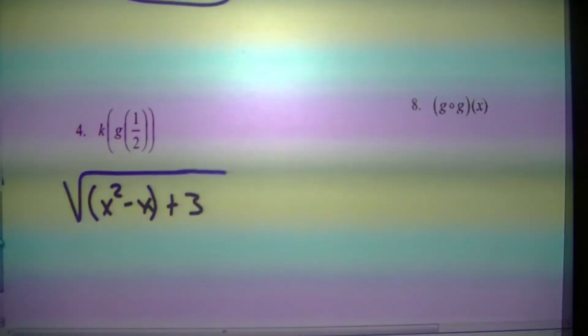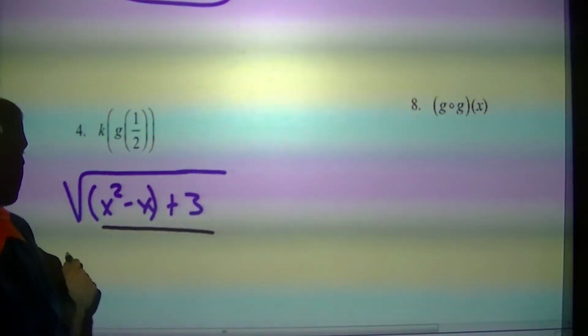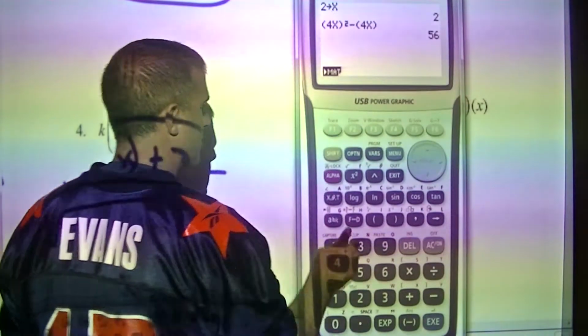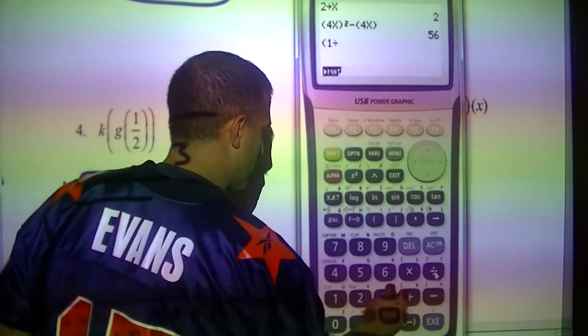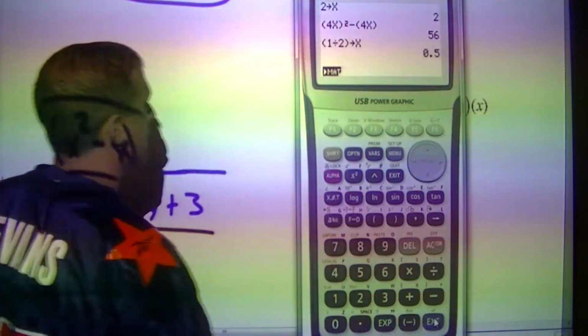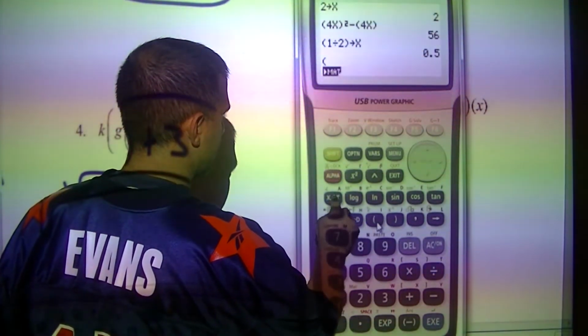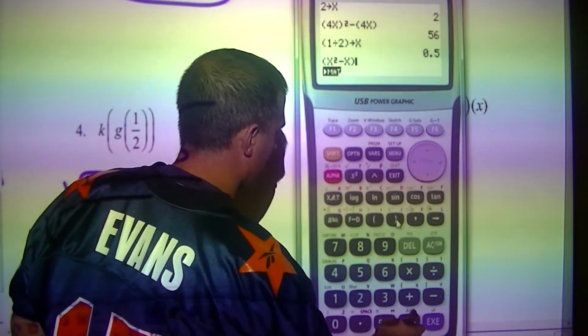Now, here's a good rule of thumb that I would use. I would go ahead and figure out just this inside part first. So I'm going to put in 1/2, 1 divided by 2, for x. I'm going to type this in: parentheses x squared minus x, plus 3.